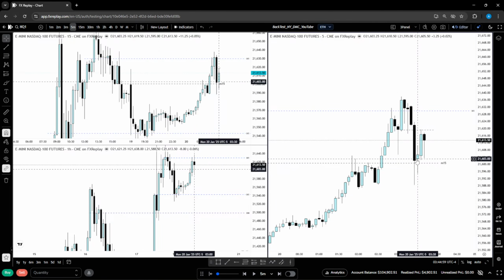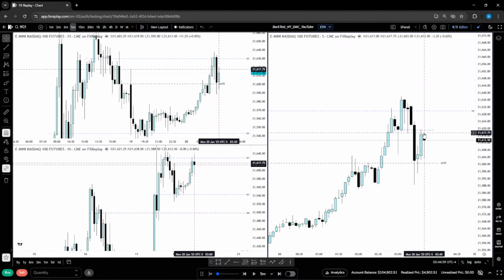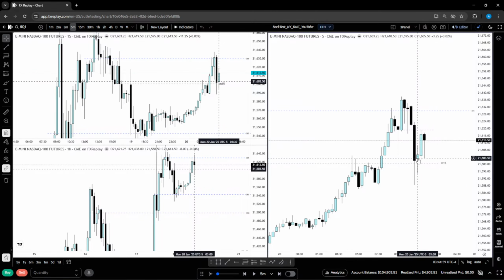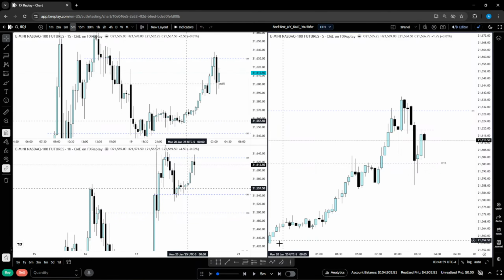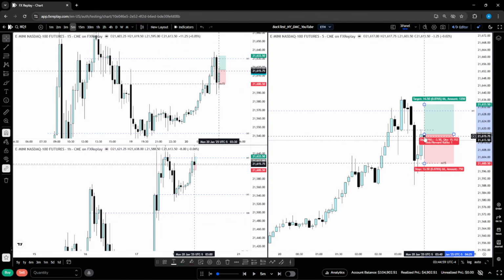Now here there was this one level. We made one attempt to go below, but we've just tested this newly created level, so I'm guessing we are continuing to go up.